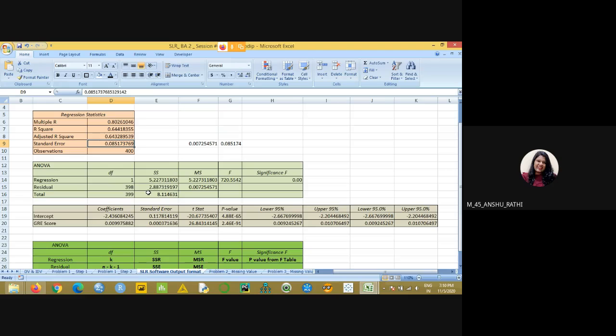First you do SSE divided by n minus k minus 1. So 2.887 is my SSE, divided by 398, and take the square root in your calculator. Yes, got it.